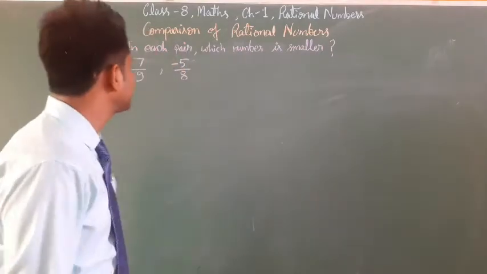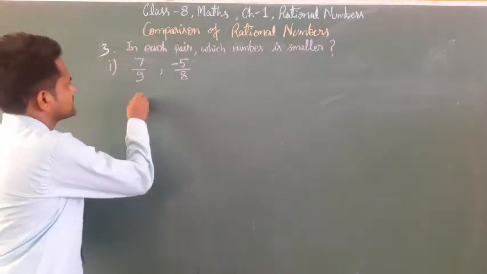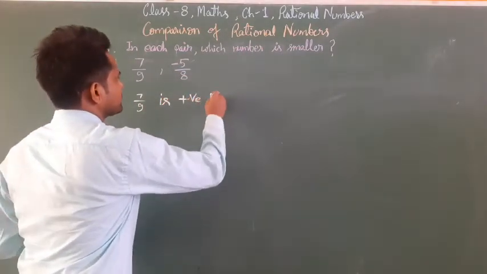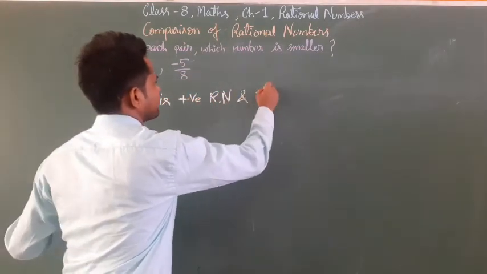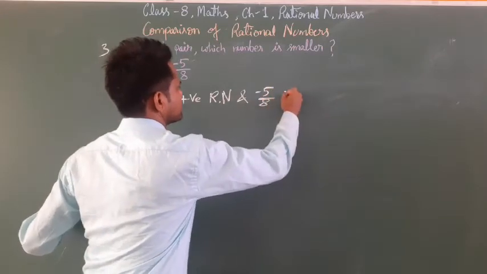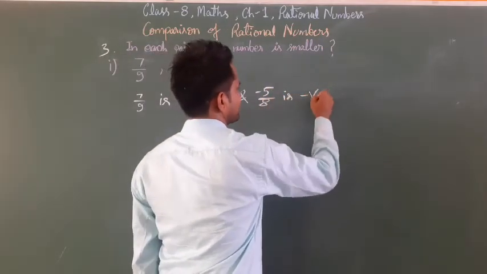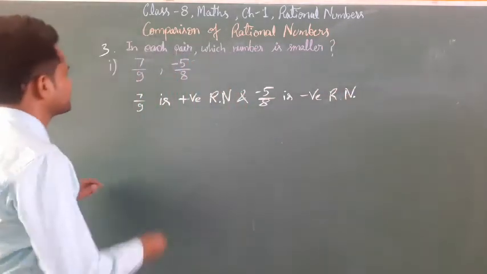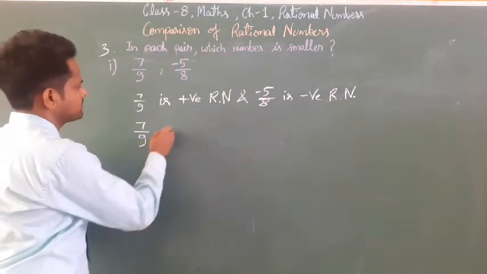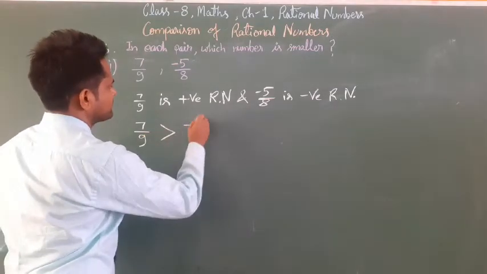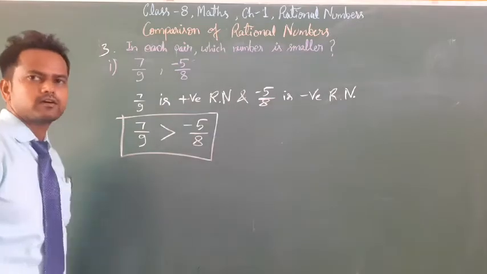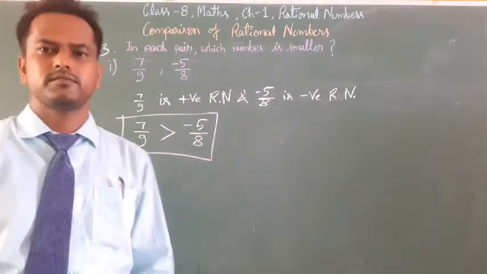So that's why here 7 by 9 is a positive rational number and minus 5 by 8 is a negative rational number. So that's why 7 by 9 is greater than minus 5 by 8. Got it? Pause the video and note it down.